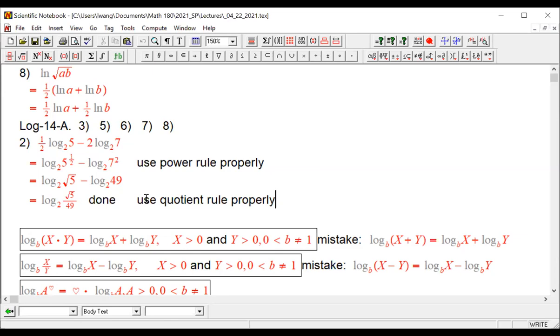Principle number 5 needs factored form to apply. Principle number 6, to apply it, we need factored form. Principle number 4, to a certain extent, we need factored form.